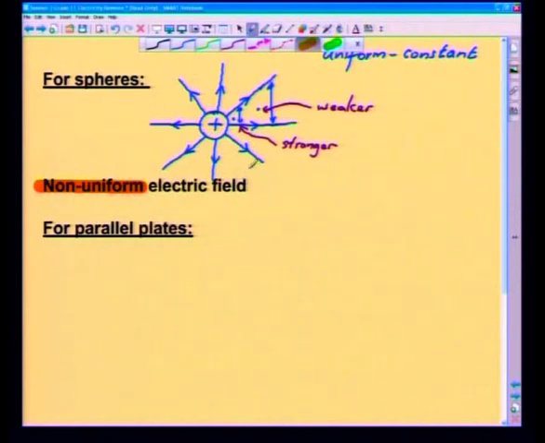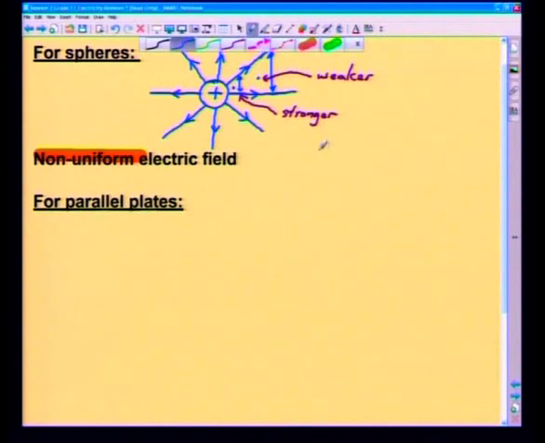It's not the same. Now for spheres, even if we have two or more of them in the field of each other, we will still have non-uniform electric field occurring between them. Say, for example, we have a positive sphere and a negative sphere.